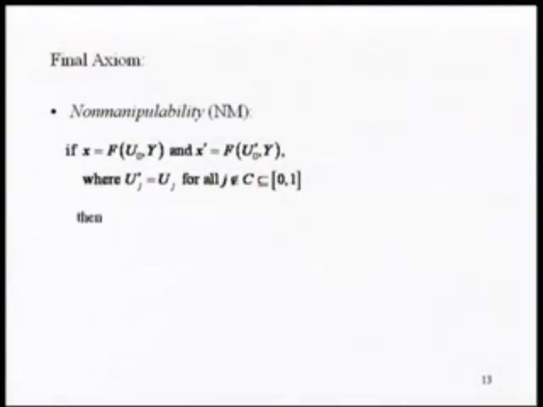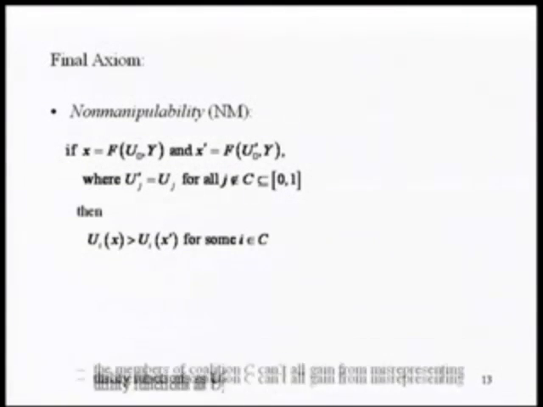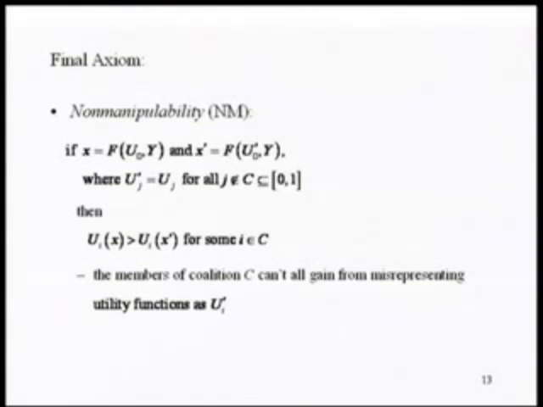It just says that it should not be the case that all the members of a coalition can gain by misrepresenting their utility functions. If they have utility functions UI, they can't all gain by voting as though they had utility functions UI prime.